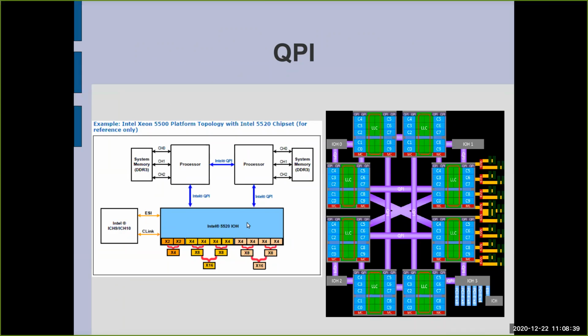So we still have North Bridge and South Bridge, but the memory controller is embedded into the processor. Now the processor is able to read and write data to memory, and at the same time it is able to communicate with other devices.